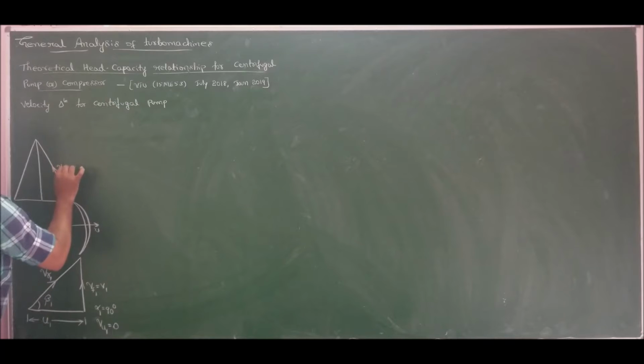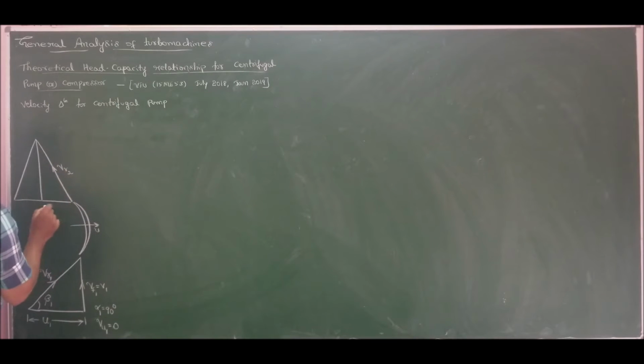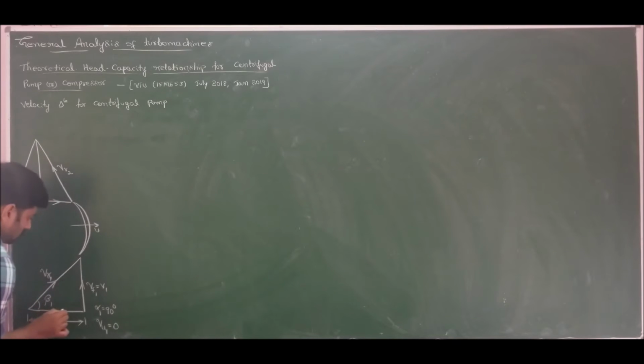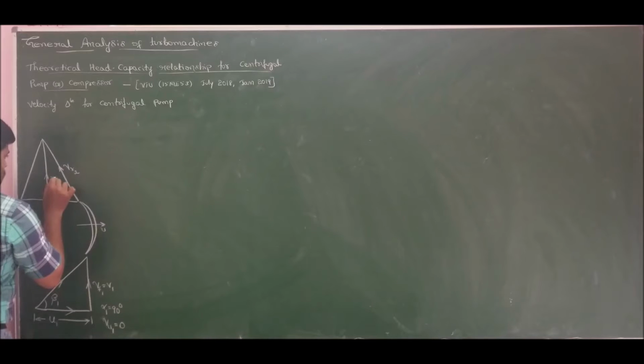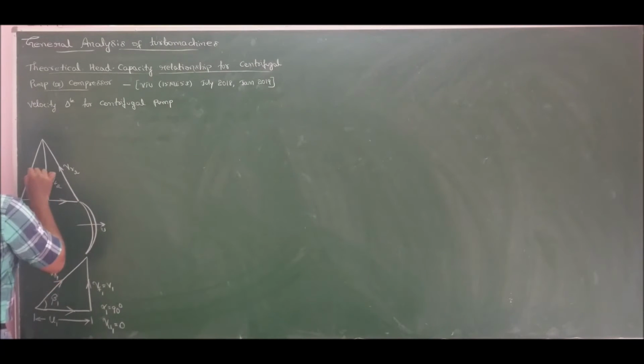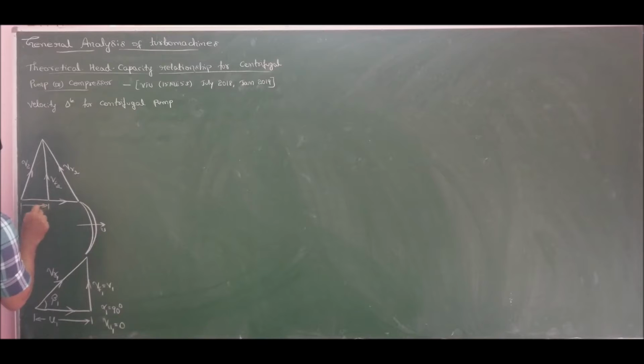This will be Vr2 and this is the direction of U. This is Vf2 and this will be V2. So always V2 is the reference. V2 to Vf2 will be Vu2 and V2 to Vr2 will be U2.